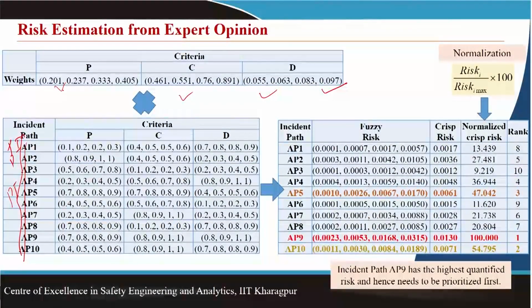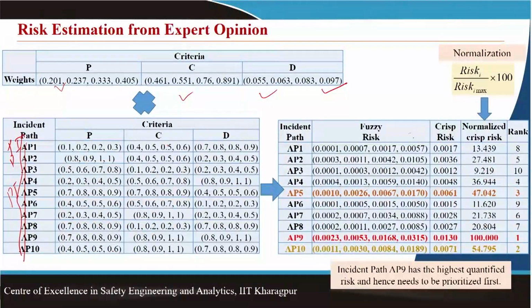Then I will multiply these weights with the path probability P, C and D, and this multiplied by this will result in this fuzzy number.